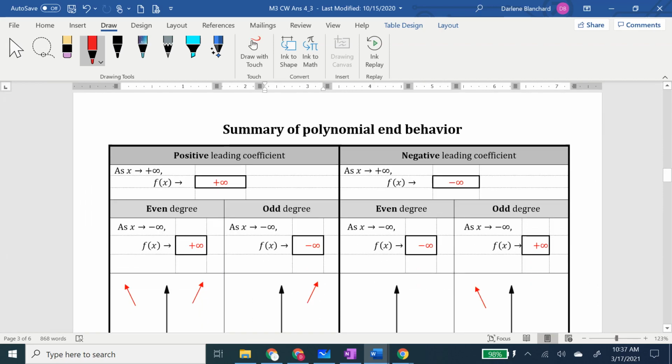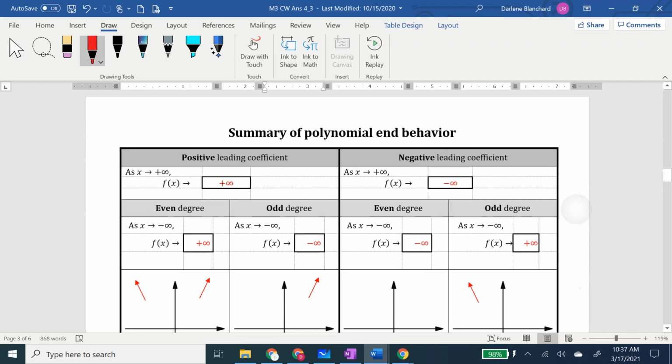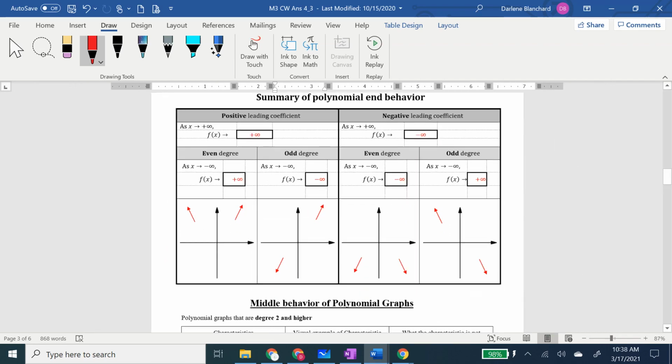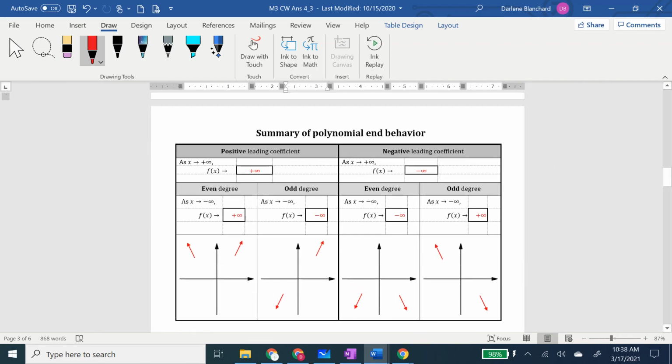So here is a very important summary. You don't have to look back on all the work that we just did. You need to look at this summary. The work we just did was so that you can understand why this works.